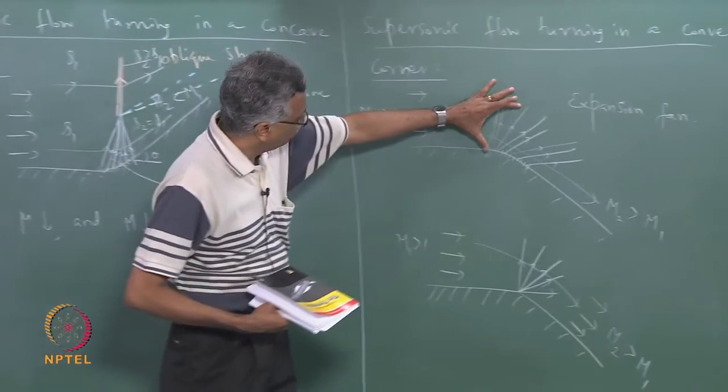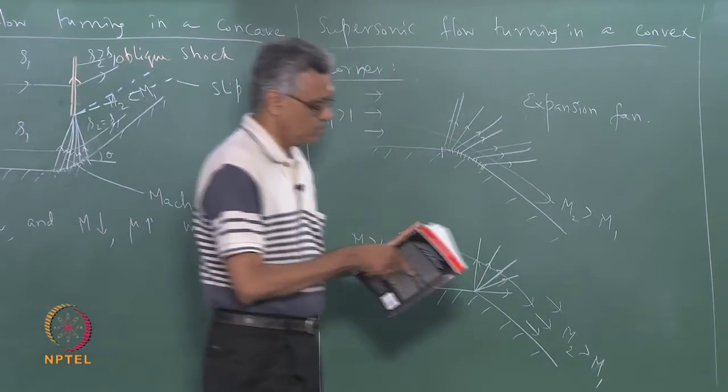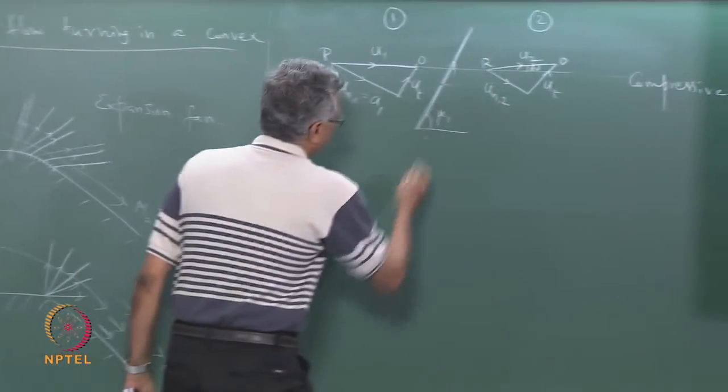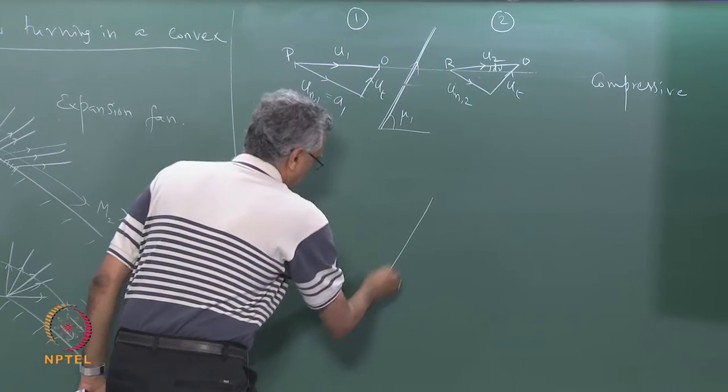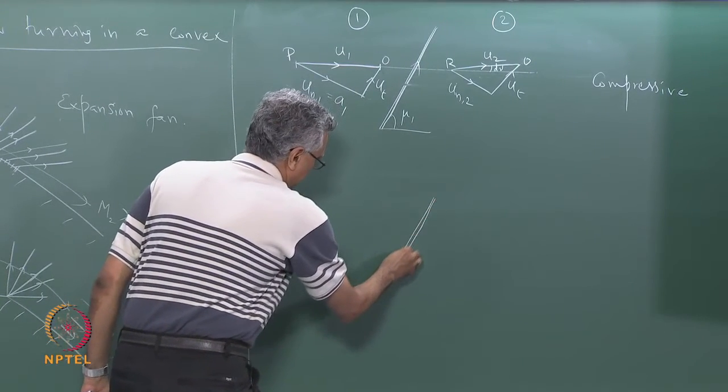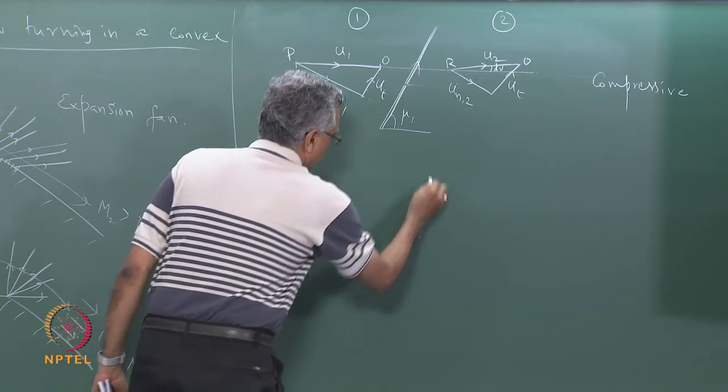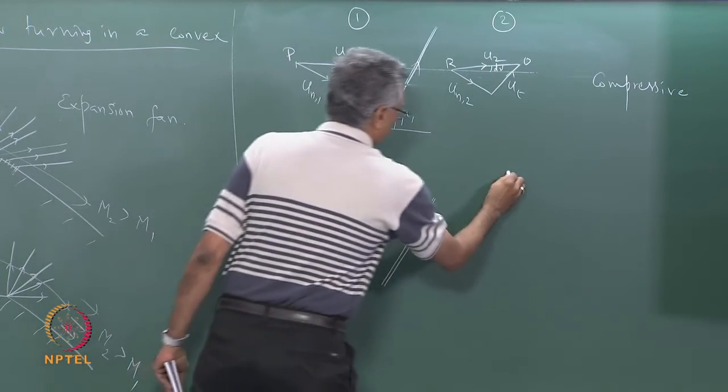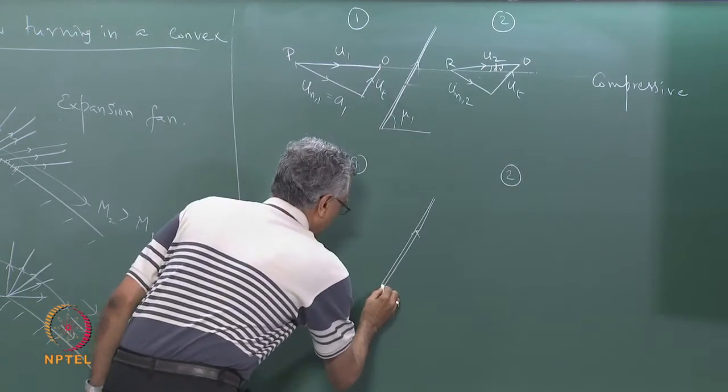So I am going to take one of these waves and then draw this diagram like this. Same diagram on the left hand side, but different on the right hand side. So this is region 1, this is region 2.